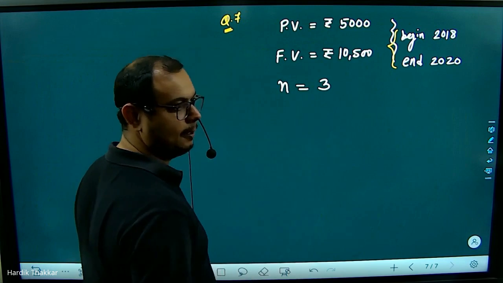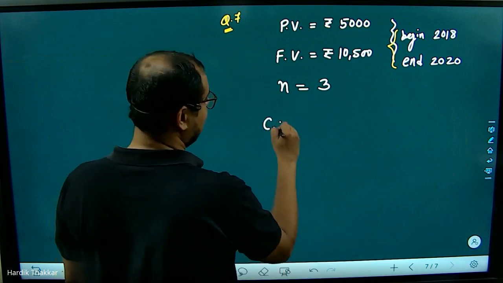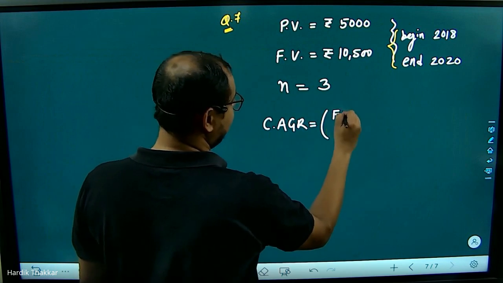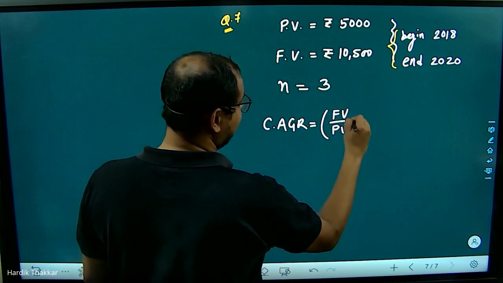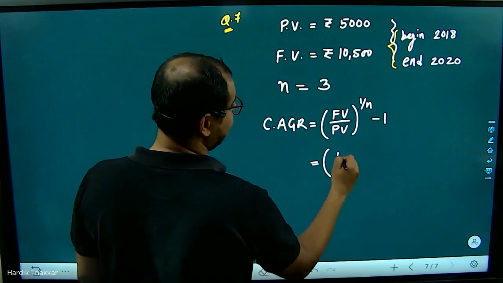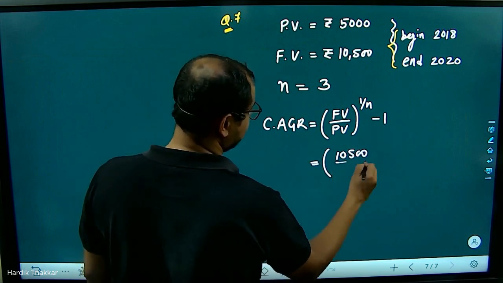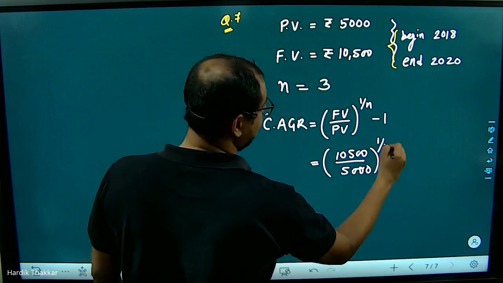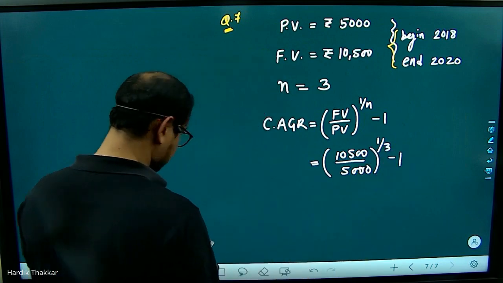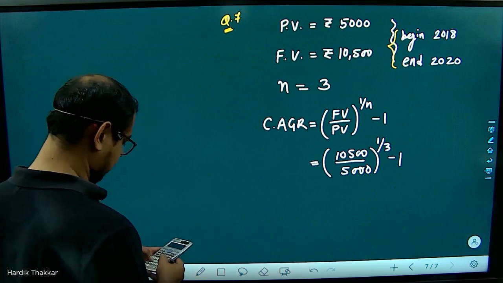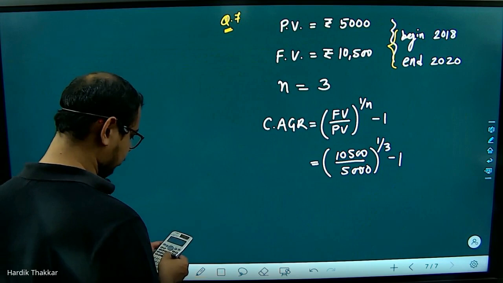Clear? Now CAGR is equals to FV upon PV whole raised to power 1 upon N minus 1. So here 10,500 divided by 5,000 is 2.1.